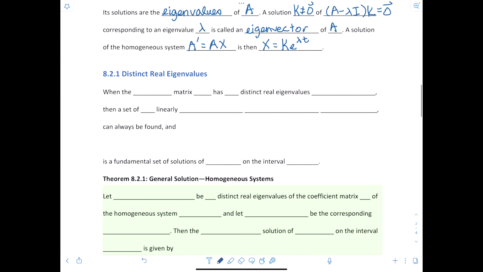So let's take a look at distinct real eigenvalues, so non-repeated eigenvalues.